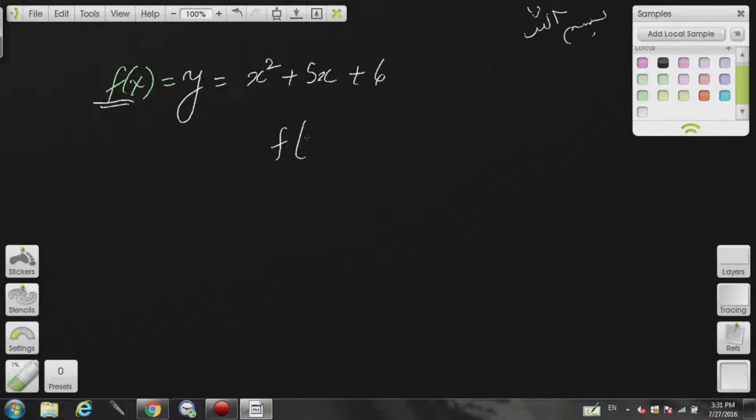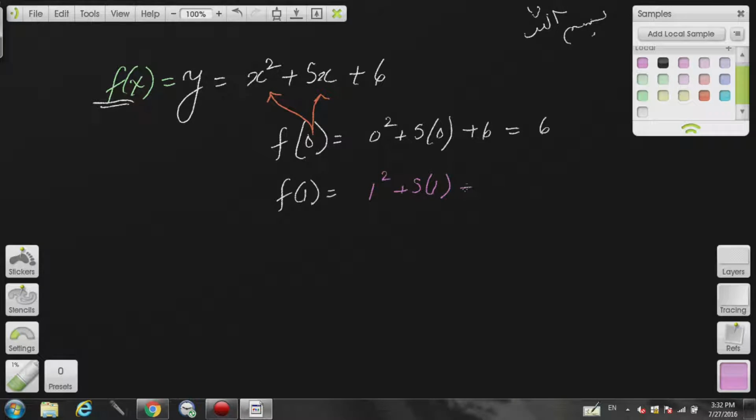If I say, what is f of 0? This means, what is the value of the function when x is 0? So when you substitute 0 for x, you get 0 squared plus 5 times 0 plus 6. So that's going to be 6. And if I say f of 1, that means what's the value of the function when x is 1? That would be 1 squared plus 5 times 1 plus 6.